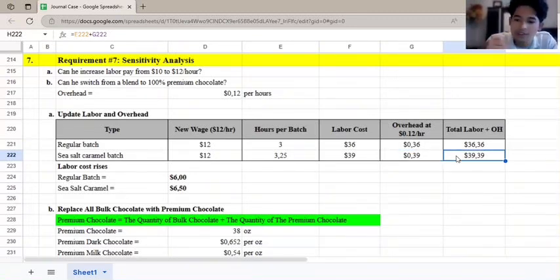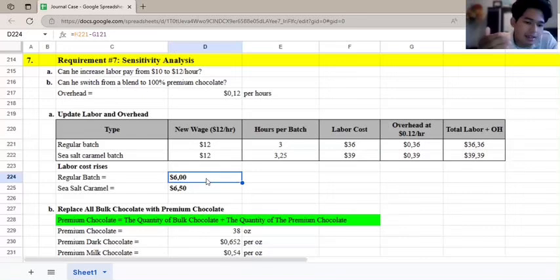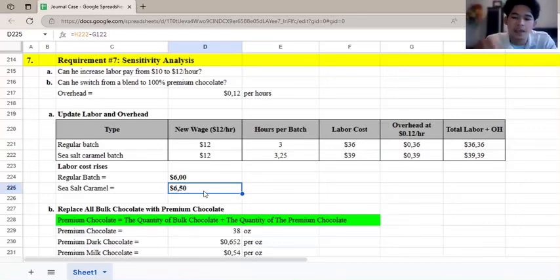We got the result of $39.39. You can see that the cost rises around $6 for the regular batch and $6.50 for the sea salt caramel. It's not that significant, but it will have an impact on the next steps.